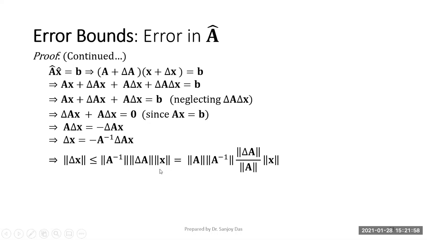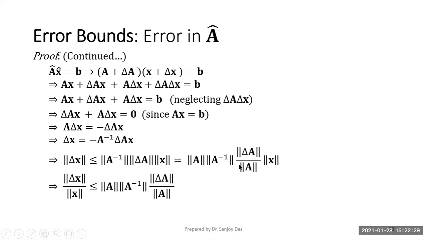And then what I do is I multiply and divide by norm of A. Then norm of X, I put this as the denominator on the other side. So what do I have?